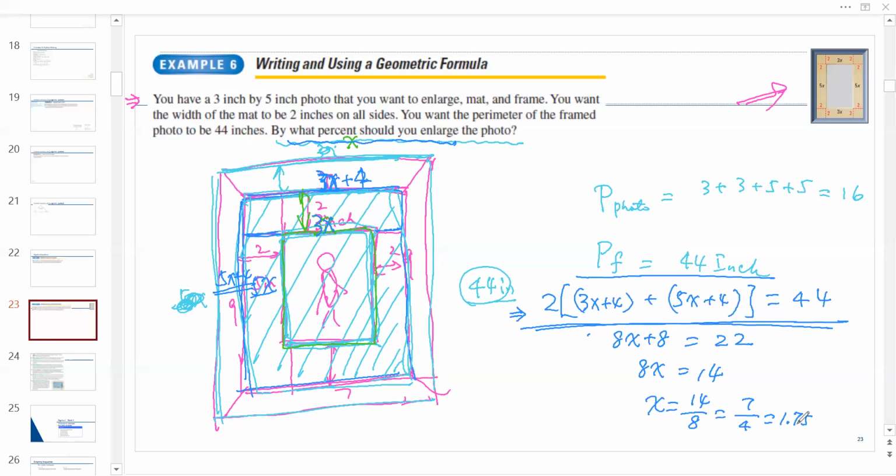All right, so they are enlarged to 175%, right? Initially it is 100%, so we need to enlarge 75 more percent. So that's the answer. So what percent should you enlarge? Initially 175%, right? So 1.75. That's the answer.